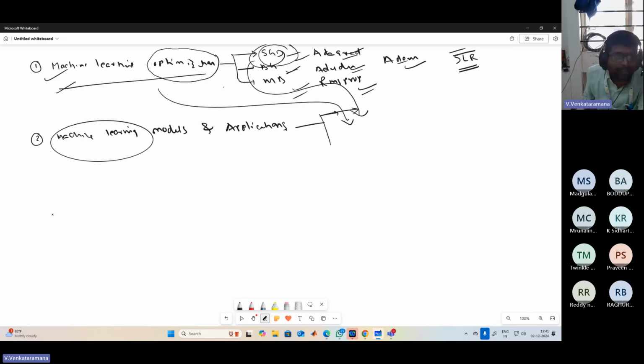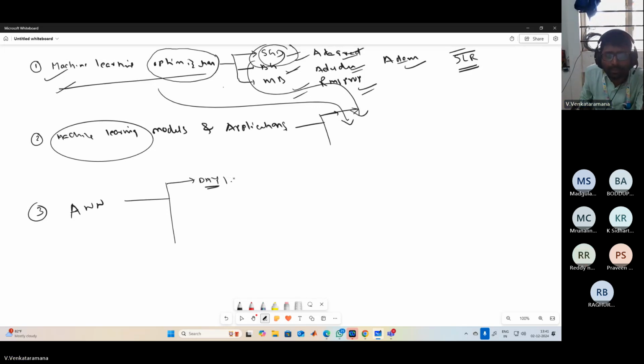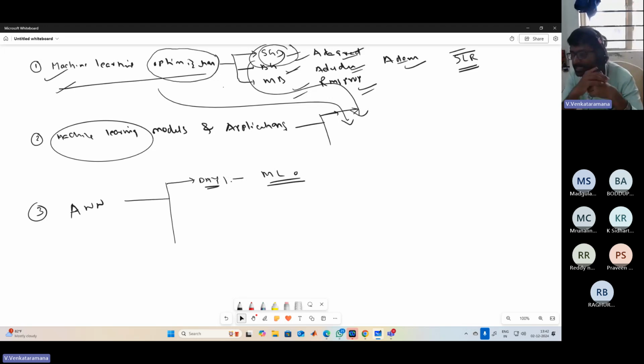And this is the third workshop, the third FDP we started, called ANN, artificial neural networks. In this one also, we dedicate the complete day 1 to machine learning optimization again, because whether it is simple machine learning models or deep learning models, understanding optimization is required.